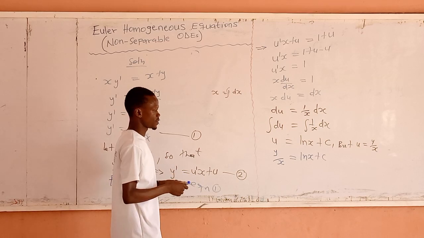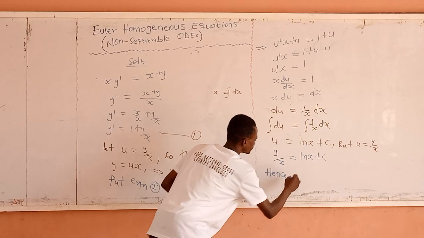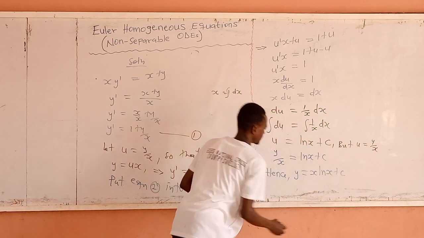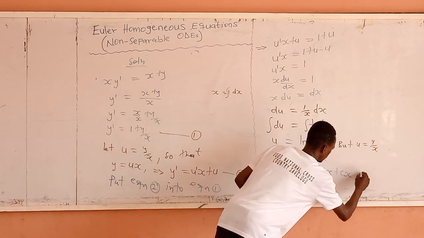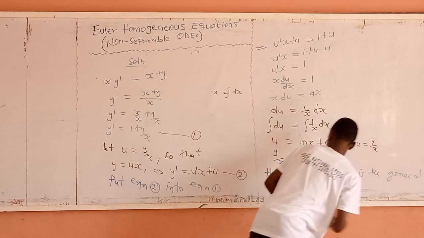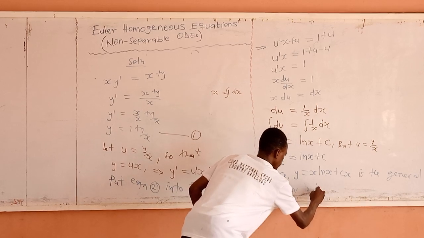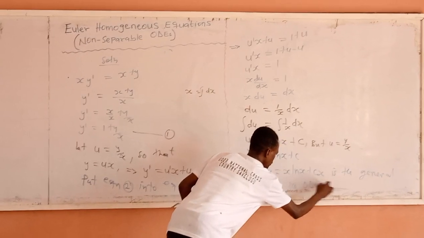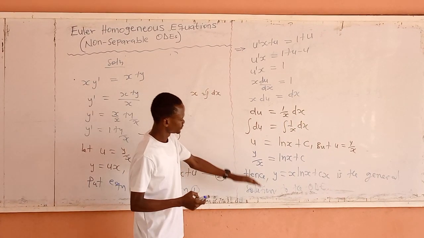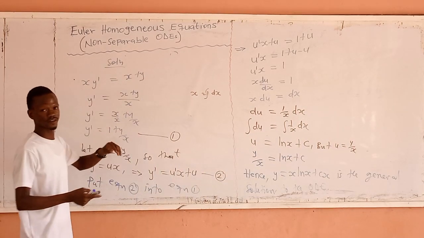And multiplying both sides by x, we have y equal to x ln x plus c, x times ln x plus c is the general solution to the ODE. So, dear viewers, we have this to be our solution to the non-separable ordinary differential equation.